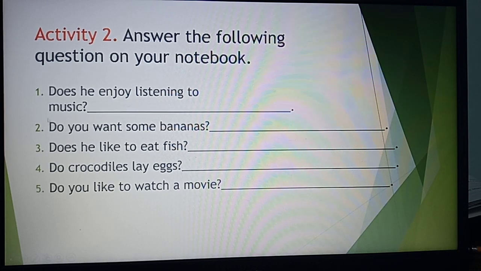If the question is in do, your answer here must be in do. Yes, I do. Because do you want some bananas? The question uses the verb do. Therefore, you're going to say yes, I do. So you're going to answer the 5 questions on your notebook.